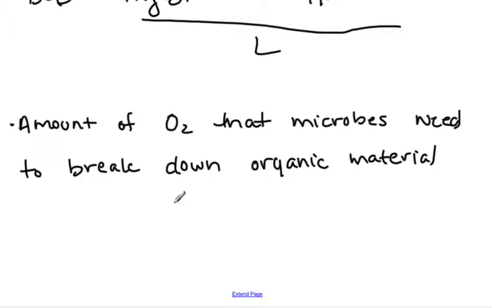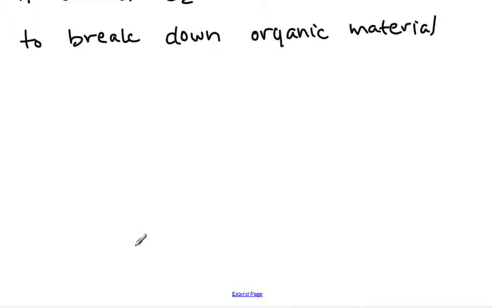So if we're looking at our cattle slurry, it needs 10,000 milligrams of dissolved oxygen to break down the amount of sewage that's in 1 liter, while in unpolluted water it's typically less than 5. So to understand what a BOD is, it's the amount of oxygen needed, and it's directly correlated, as you can imagine, to the amount of dissolved oxygen that's in a water sample.